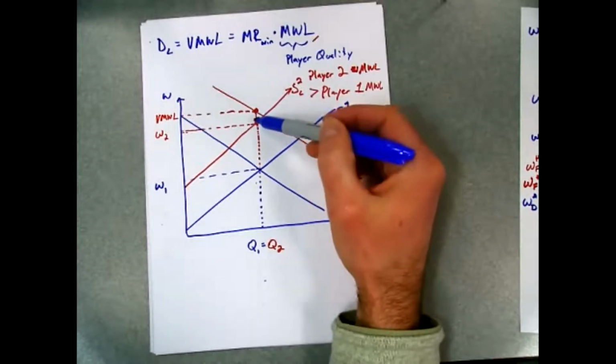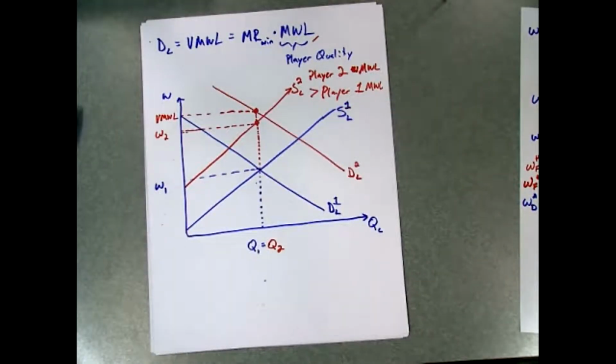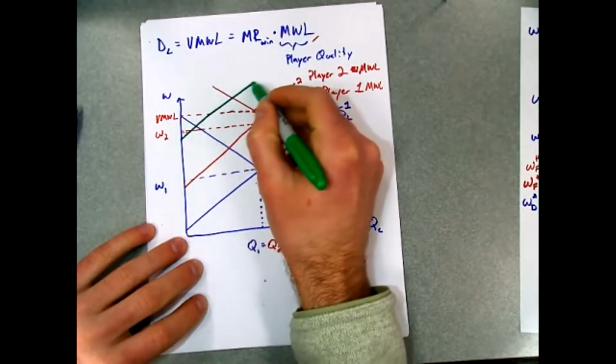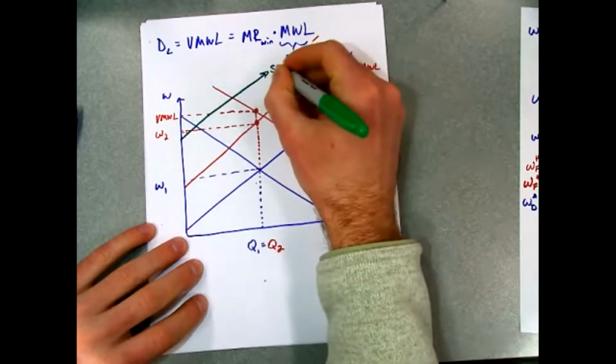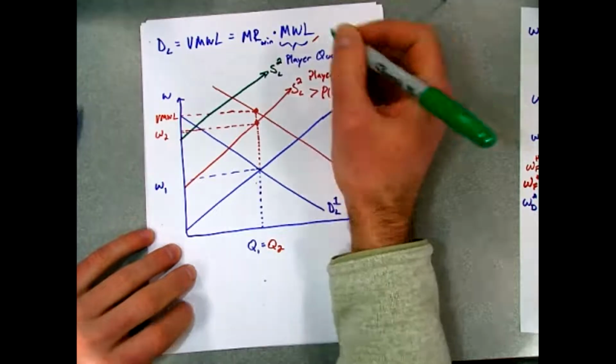So in this case, they would still decide to hire that employee, but you can imagine, well, what if they were really discriminatory, right? And so maybe something like this. So still player 2. I'm doing it in a different color.